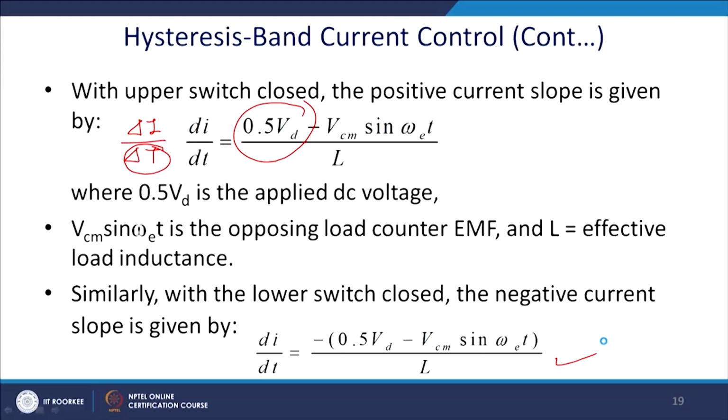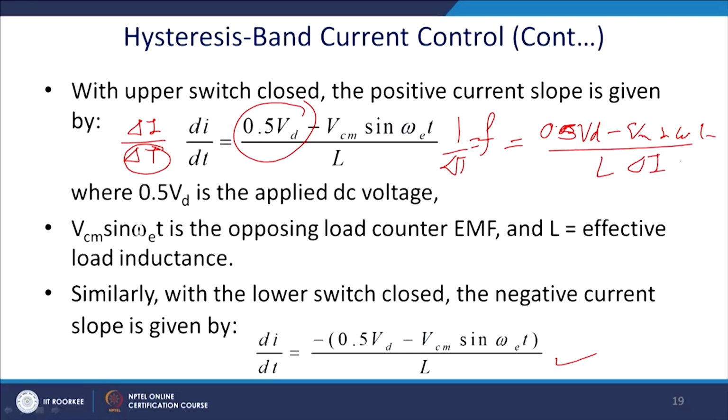Why does this frequency vary? We can write 1 by del t as f equal to 0.05 Vd minus Vcm sin omega t by L into del I. So, what happened here?